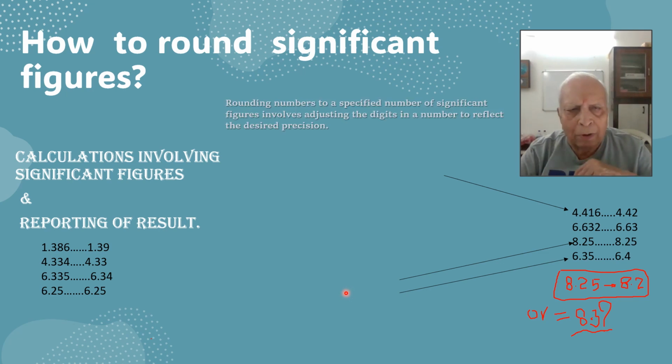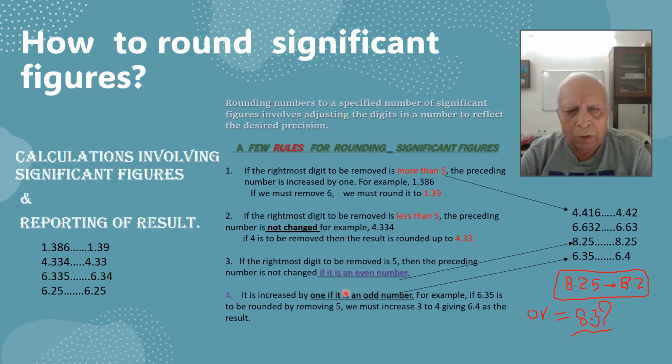But before that, we have to go through the rules which I have provided here with limited points which are necessary for us. A few rules are here for rounding the significant figures. Now, what are those rules? We have to go through it.